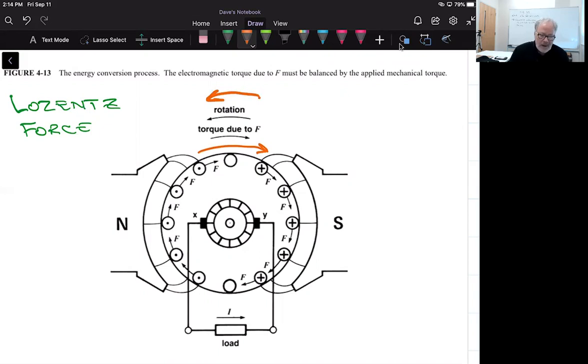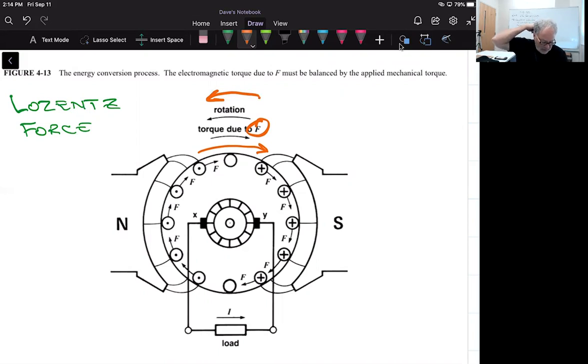So in order to keep this generator turning, we have to exert a torque on the shaft to overcome this electromagnetic torque. That is the key to this energy conversion process.